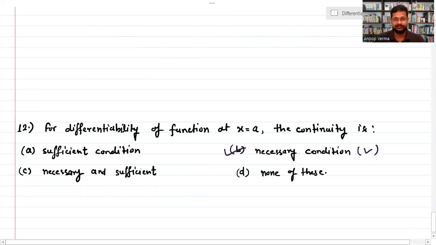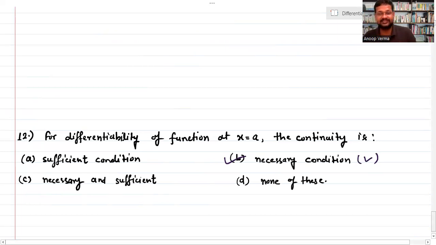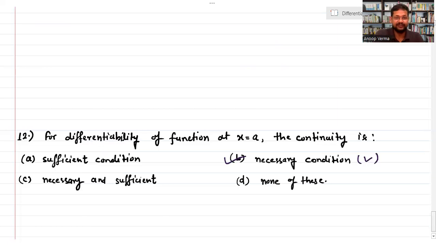Okay, so this is all about your MCQ problems from your textbook that are given at the end of your chapter. So this is the first unit of your differential calculus that we have finished. And now in the next lectures we will start the next chapter, limits of indeterminate forms, and further we will cover all other units.